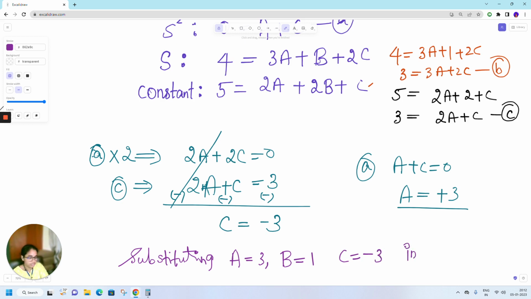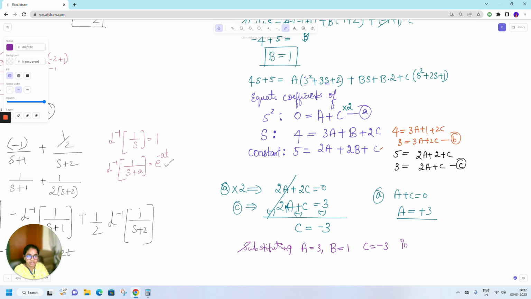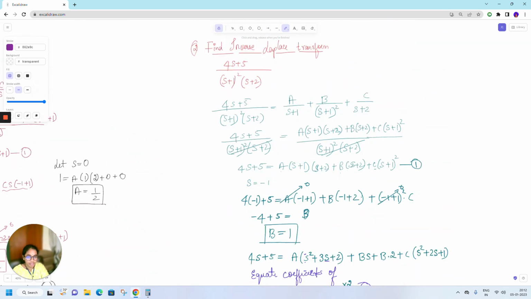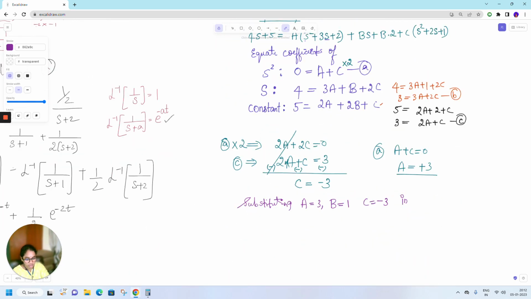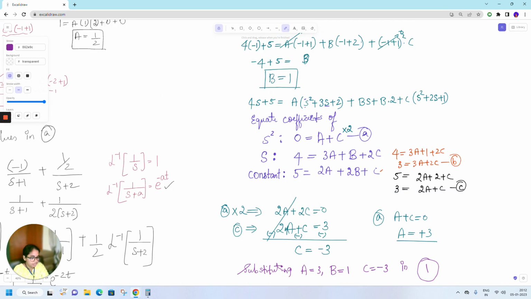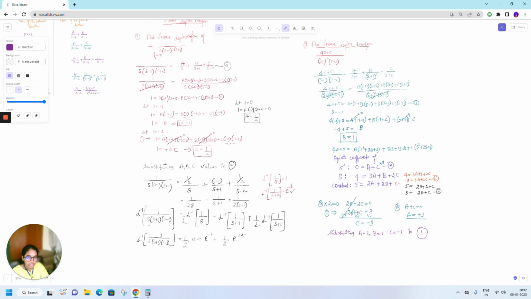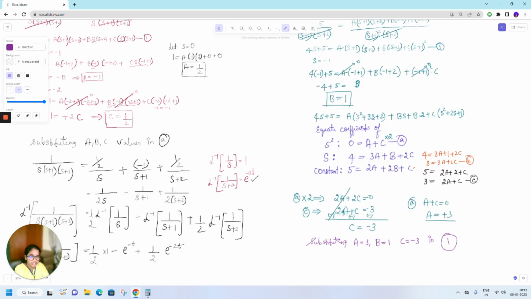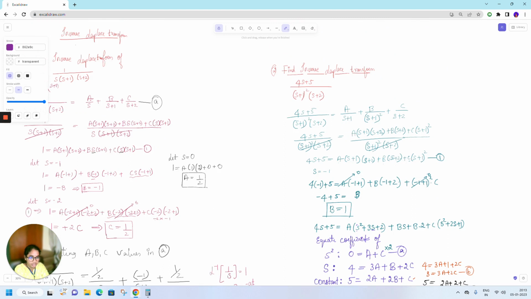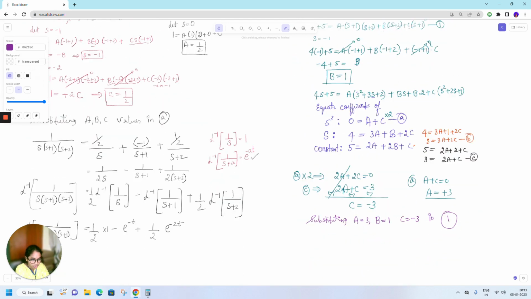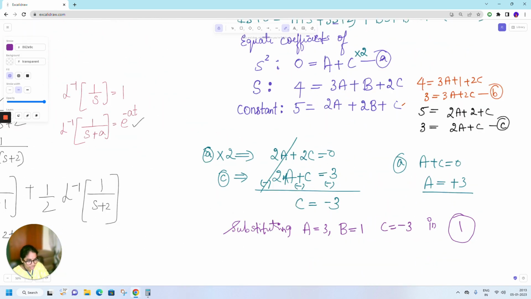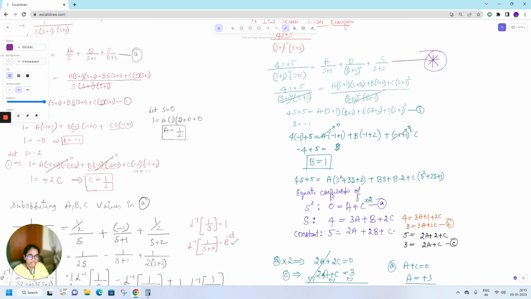In which equation? Let me zoom out. In equation number 1. So what is our equation 1? Let me name this as equation star. We would have to substitute it over here. So what do we have in our equation 1?